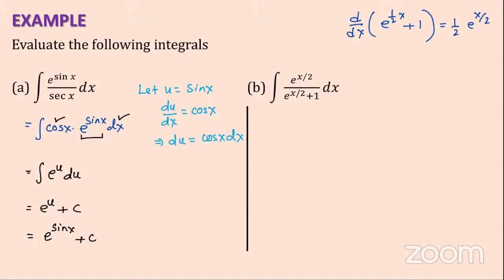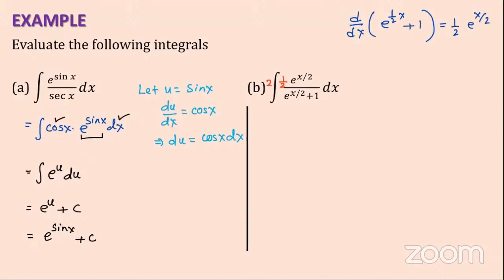So the derivative of e to the x over 2 plus 1 is half e to the x over 2. Is that half here? No. So I'm going to multiply by half there. If I multiply by half here, I can multiply outside by 2, so that 2 times half is 1. So I can do this.